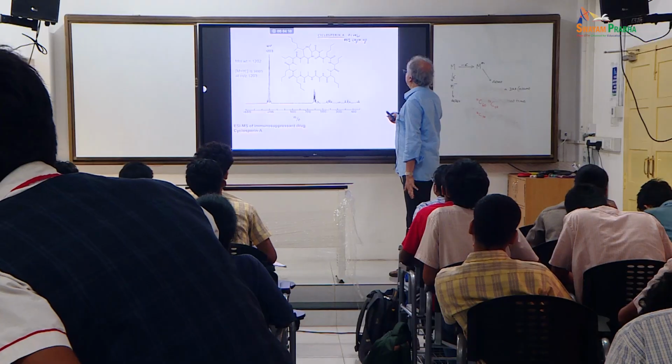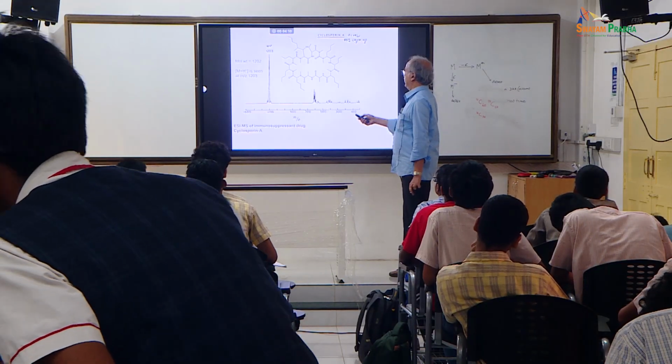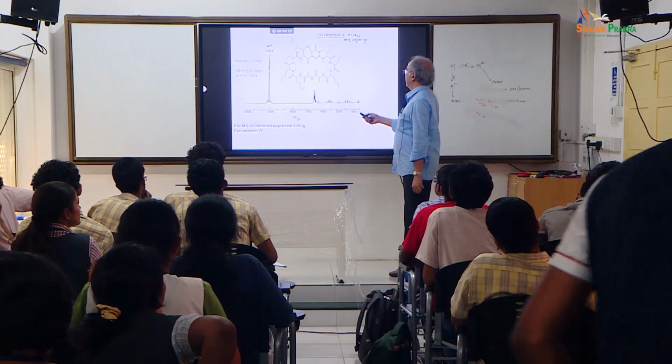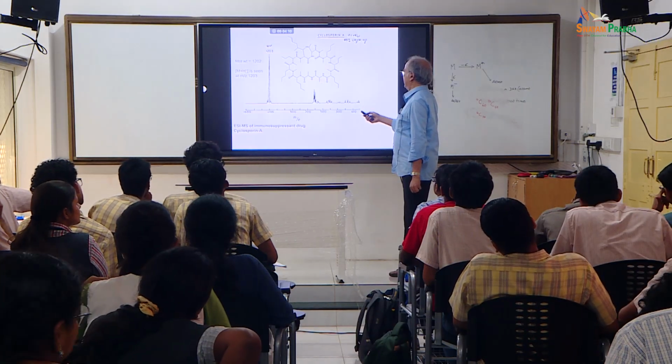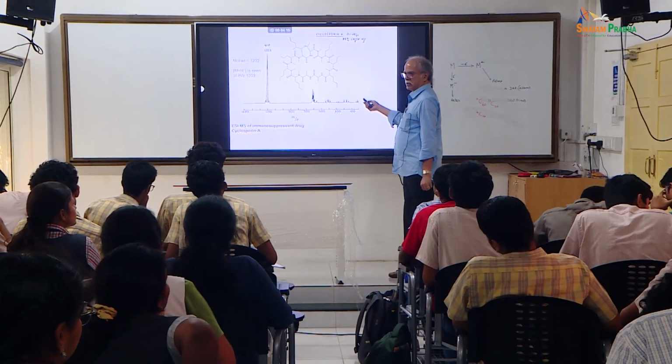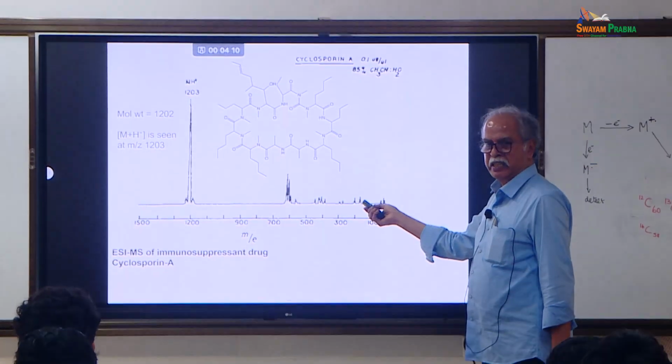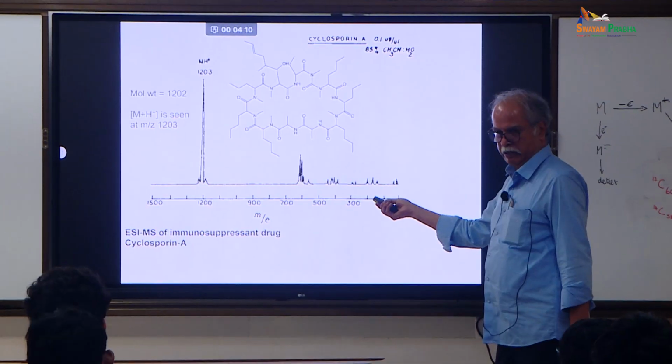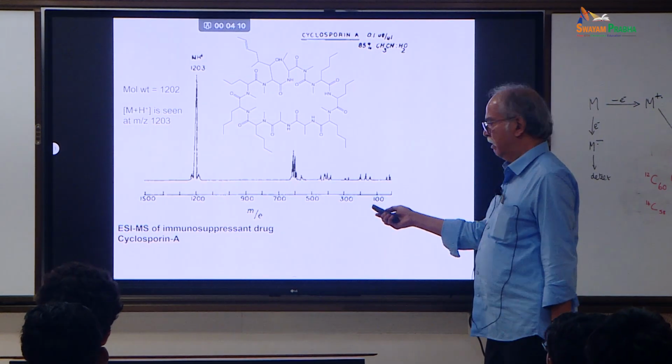The molecular weight is 1202. The molecular ion plus proton is seen as 1203. This is impossible to analyze by electron impact ionization mass spectrometer. You have to use only MALDI or ESI.